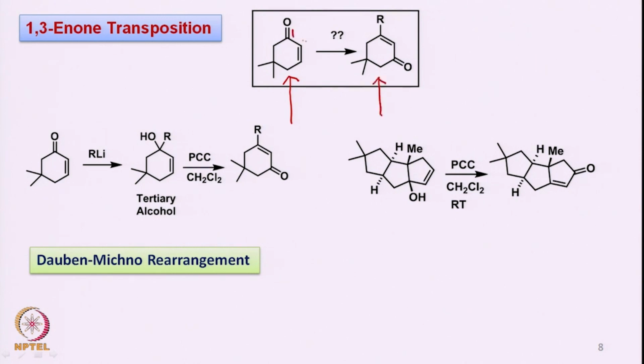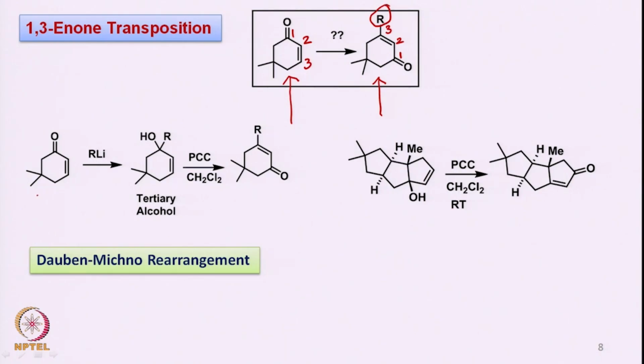So you have 1 position, 2 position and 3 position. Now you have inverted it, it is 1, 2 and 3, except that here we have introduced another R group at this position. So it is not a simple 1,3 enone transposition, but it is a 1,3 enone transposition with an addition of an R group.